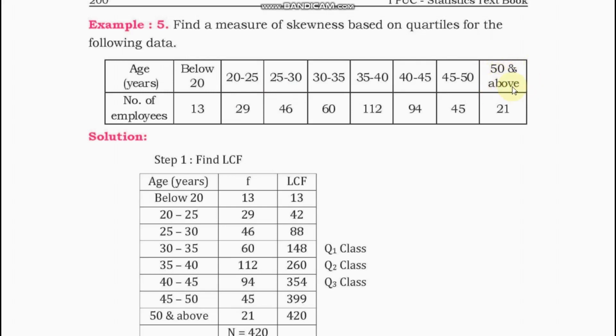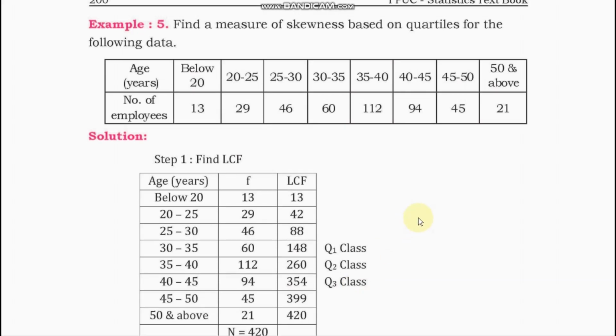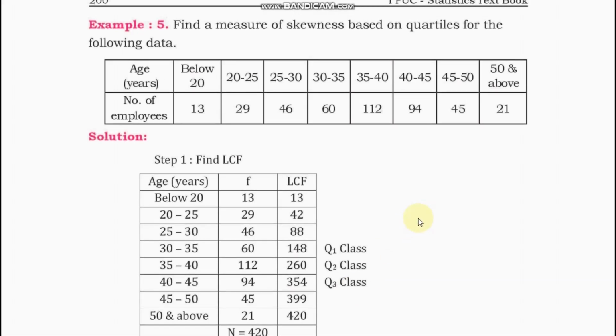Anyways, while computing median, mode or quartiles or any positional averages, it doesn't matter if the distribution is open end. Even if it is open end, we can still compute the positional averages. Hence there is no problem in computing quartiles here. So we shall follow the same procedure here also.